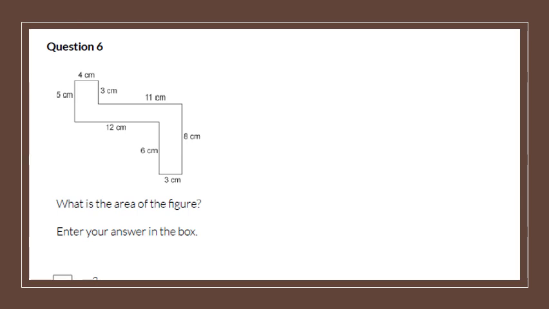Okay, on this one, you could divide several ways, but I'm going to divide right here. I see that this one is 4 times 3. So the area of that top corner is 12 centimeters squared.